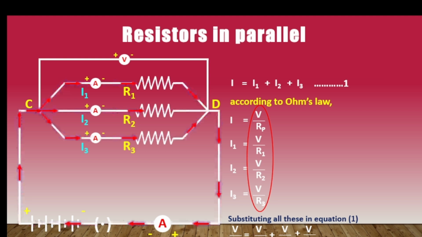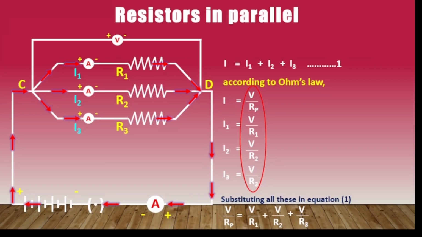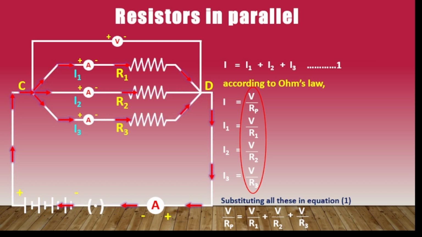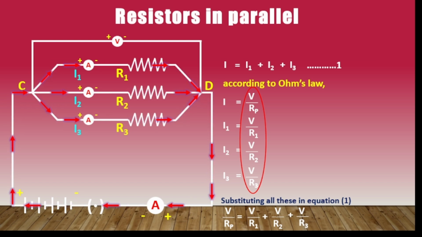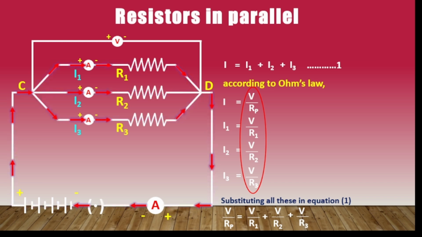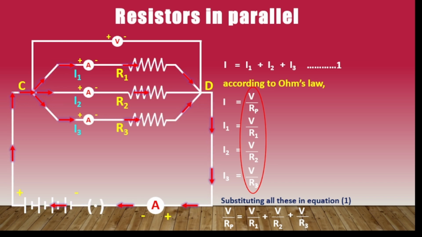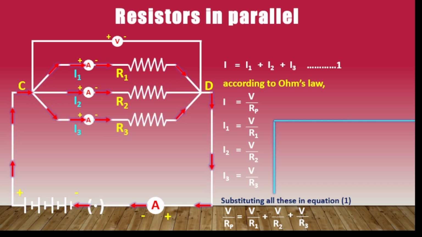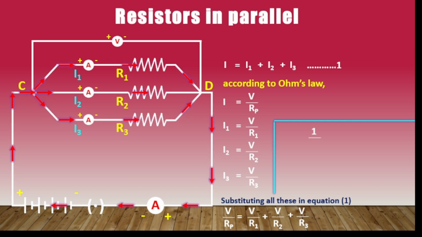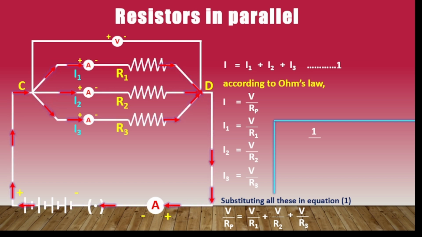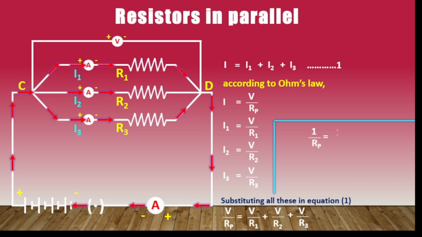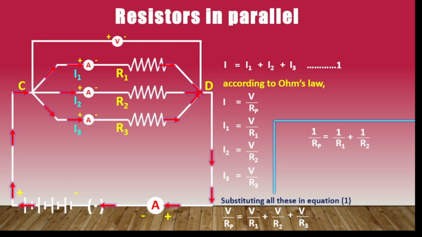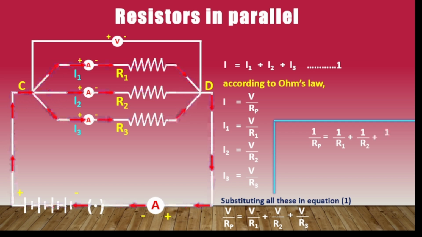Now, as we saw, current is not the same in parallel, but the potential difference is the same. So we will be taking potential difference V as common. And as V is there on both the sides, V will get cancelled and we will be left with 1 upon Rp equal to 1 upon R1 plus 1 upon R2 plus 1 upon R3.